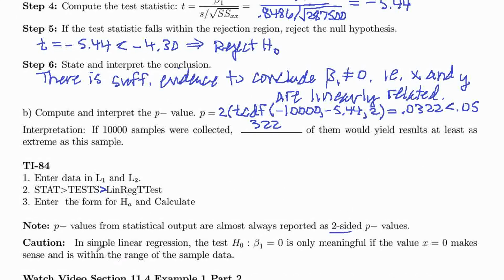And then just a caution, in your simple linear regression, when you test beta 1 equals 0, that's only going to be meaningful if the value x equals 0 makes sense and is within the range of the sample data. So if x equals 0 doesn't make sense, not in the range of the sample data, then this hypothesis test is not going to be meaningful.